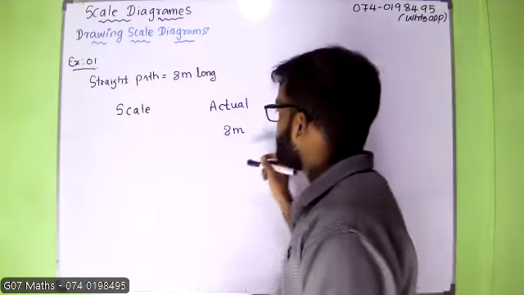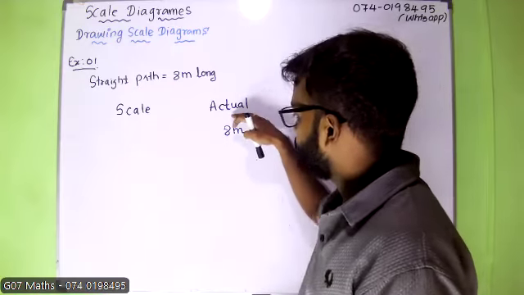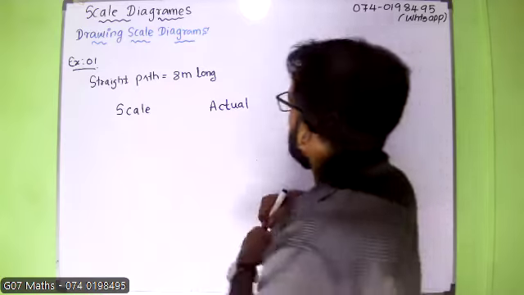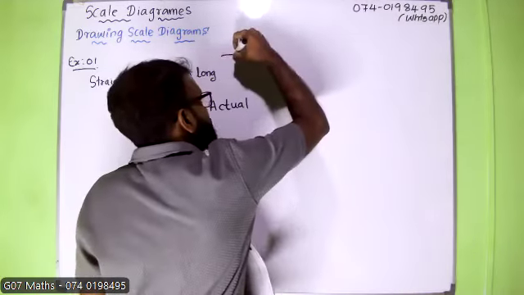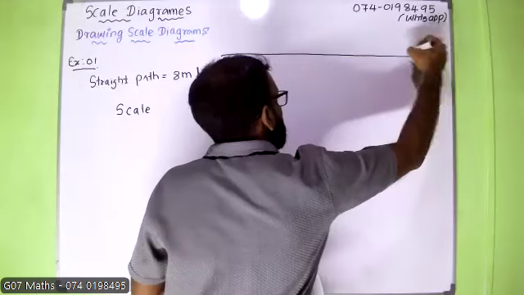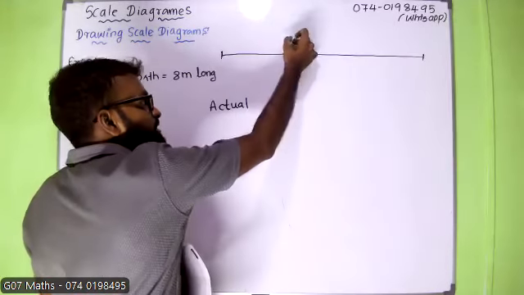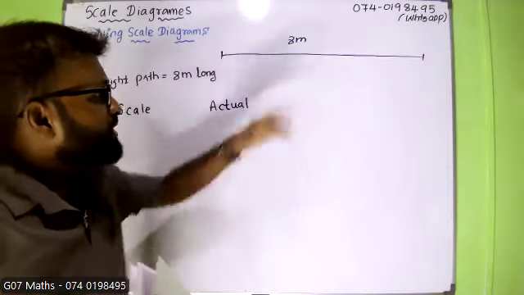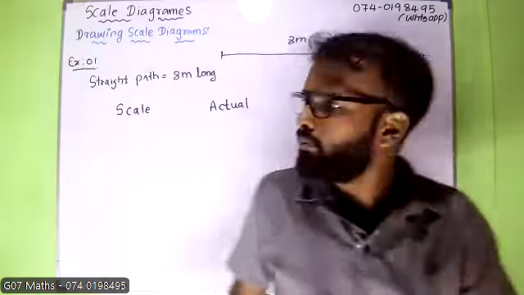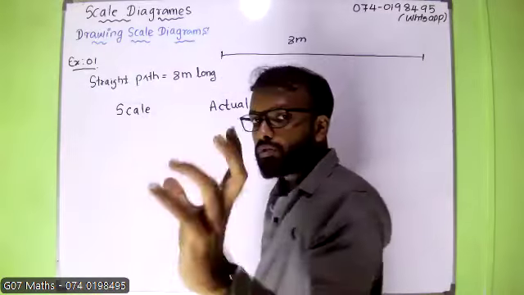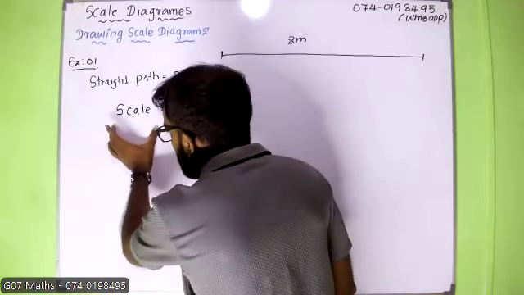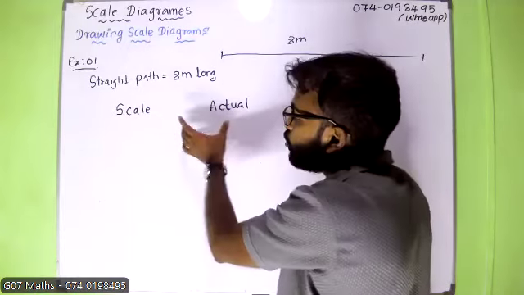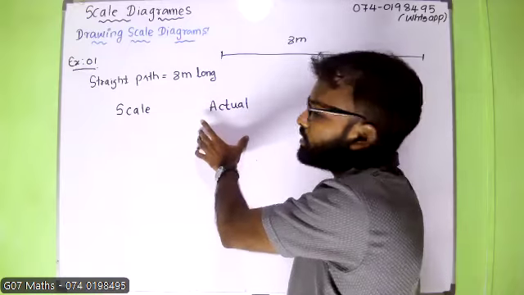This is the actual length, but we cannot use it directly. By looking at this 8 meters, can you guess the scale length, and how much length you are going to represent with it?